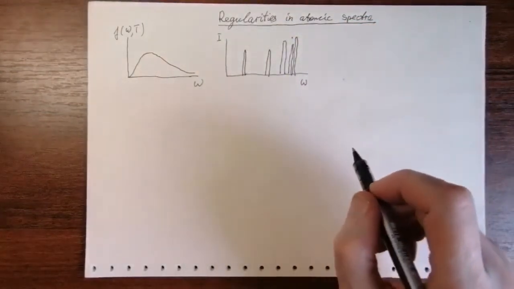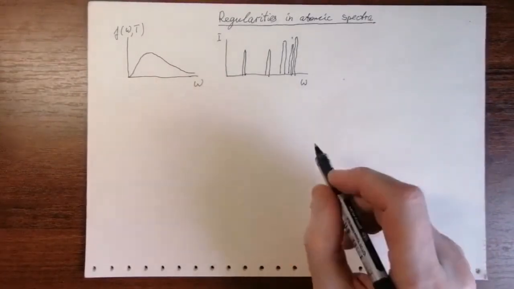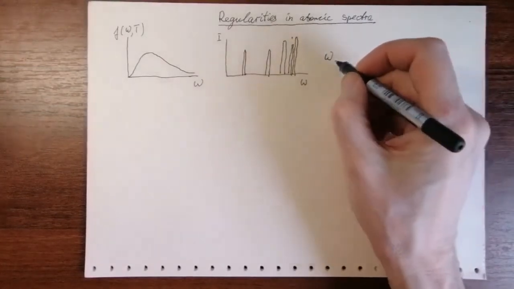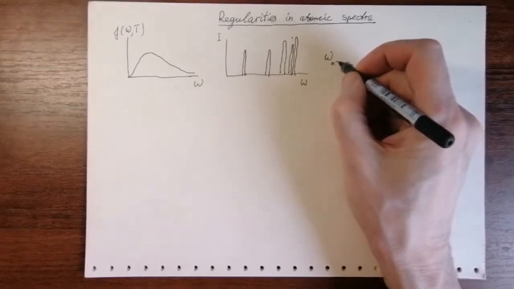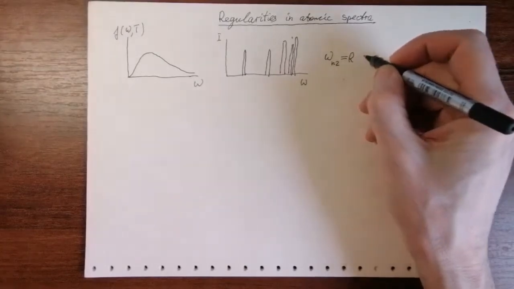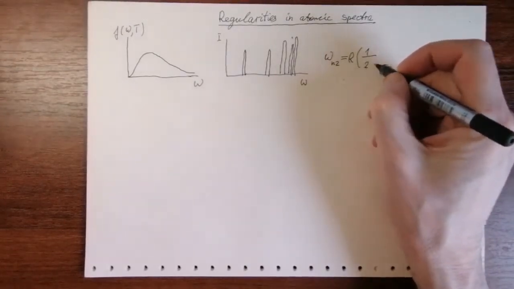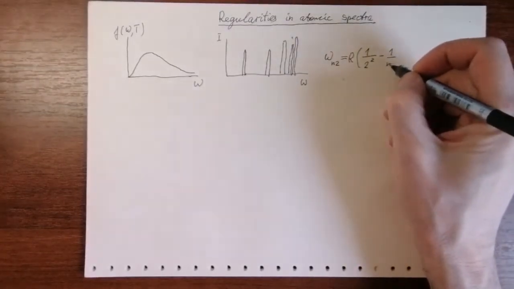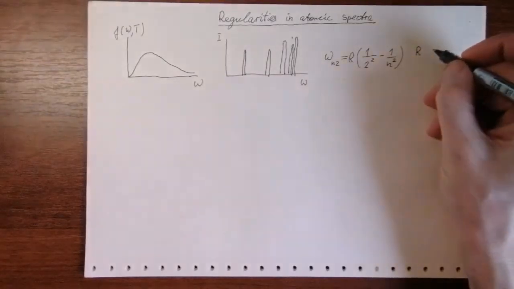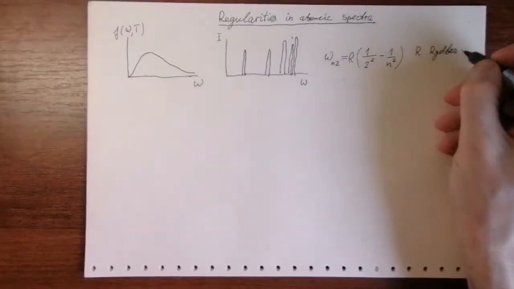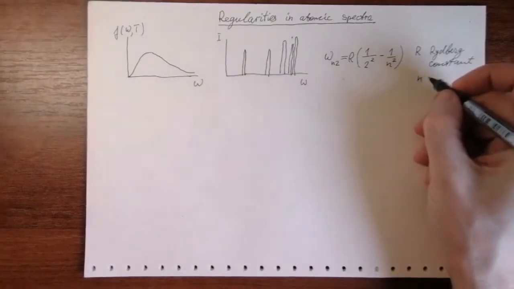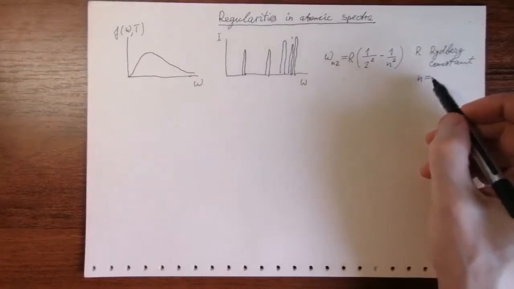The Swiss physicist Balmer discovered that for hydrogen all these frequencies can be represented by a simple formula, and this formula is omega, designated as omega n2, and all these lines correspond to omegas which are described by this formula, where R is some constant which is called the Rydberg constant, and n starts from a number 1 greater than 2.